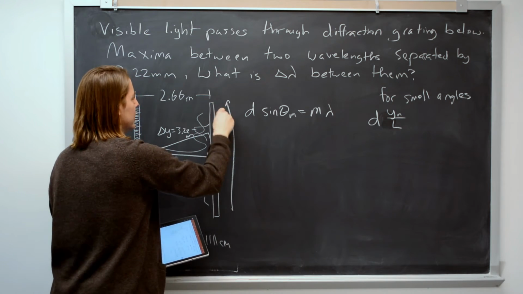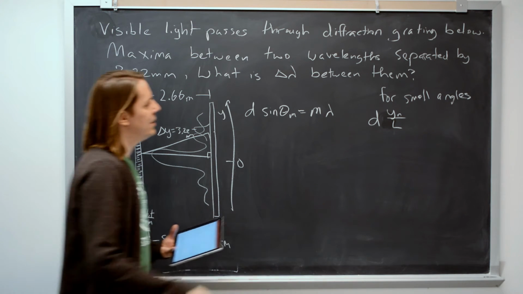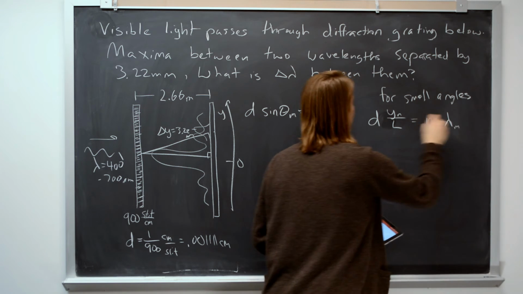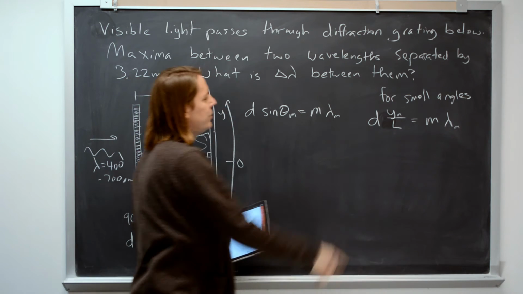And this is the y-axis, and this is 0. So that equals m times the lambda where you get the maximum.